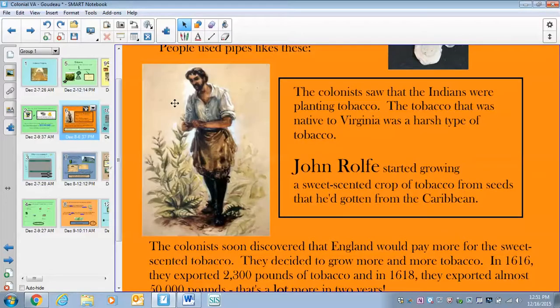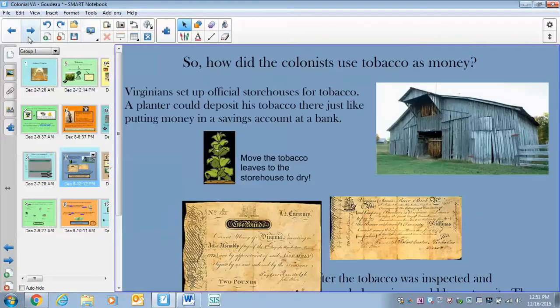Okay, so what I'd like you to do next is here you can see how did colonists use tobacco as money? Basically, this is a storehouse, and this storehouse is almost like a bank. What you would do, and it's very interesting, is take the leaves from the tobacco and bring it to the storehouse, which is like a savings account.